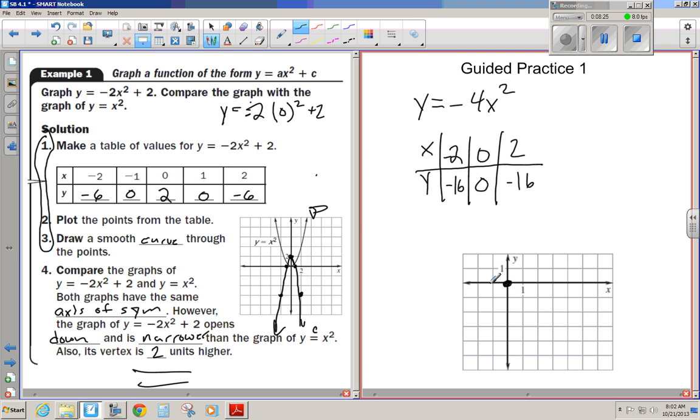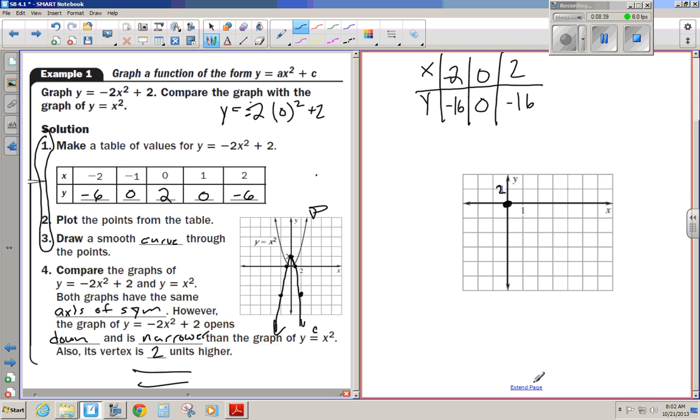And then at -2, 1, 2, 3, 4, 5. I'm going to change this scale just so I can actually work it out. -2, 2, 4, 6, 8, 10, 12, 14, 16. Oh man, it goes way far down. It's about here. And then here.